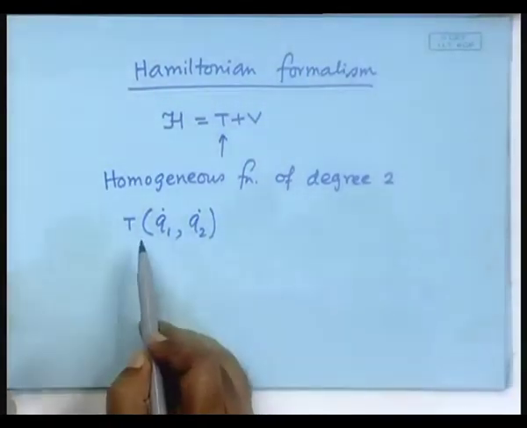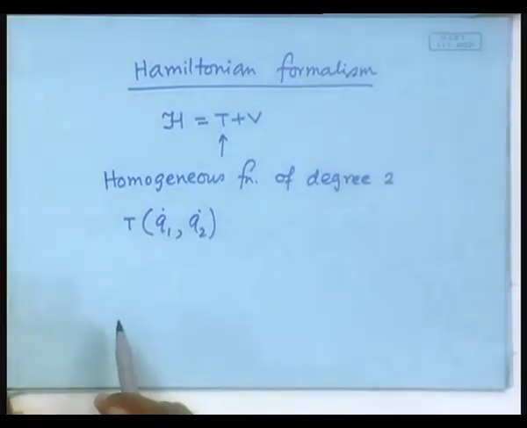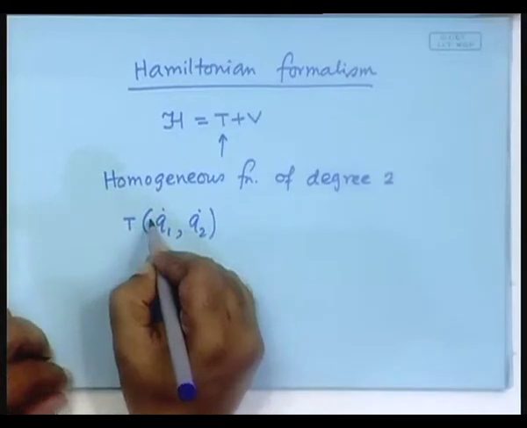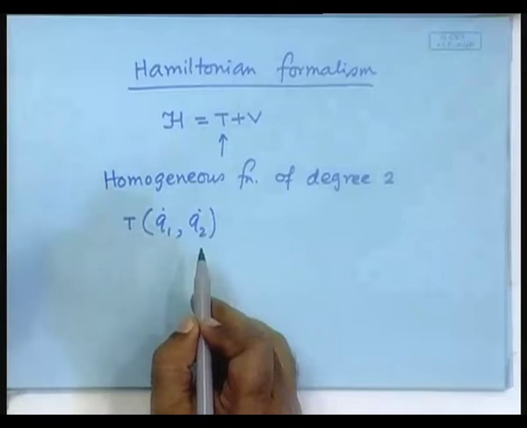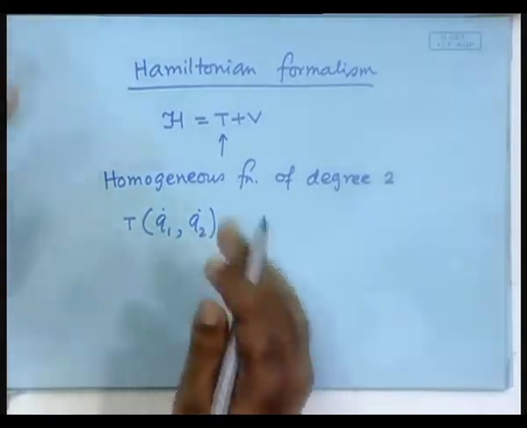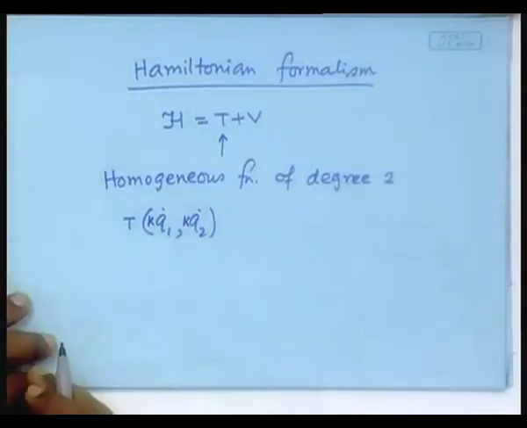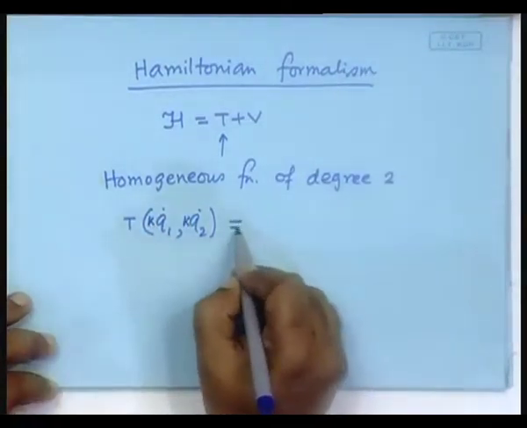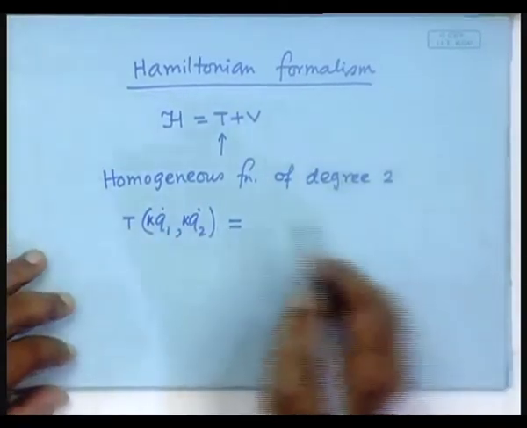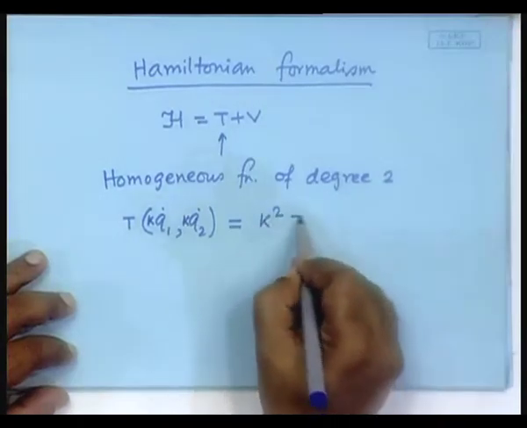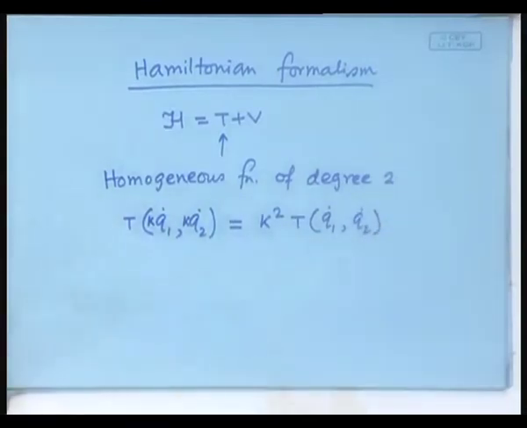The question concerns what kind of a function it is. It is that kind of a function so that if I multiply q1 dot and q2 dot both by some number k, that means I just scale it up or down by some number k, then T, yes, it will be reflected as k square times T, right.